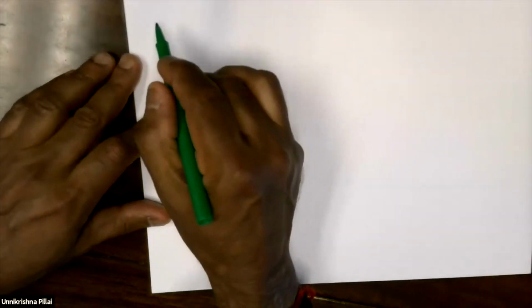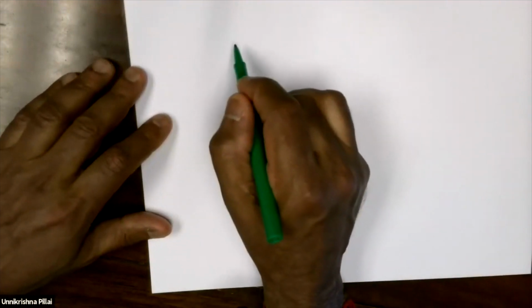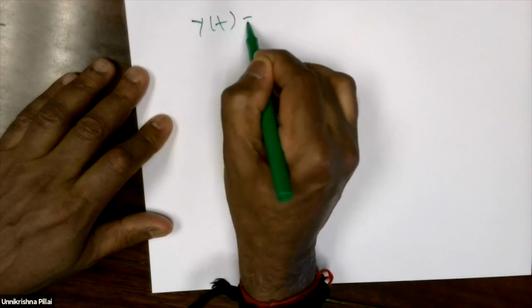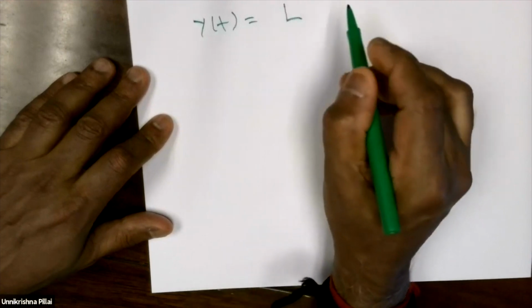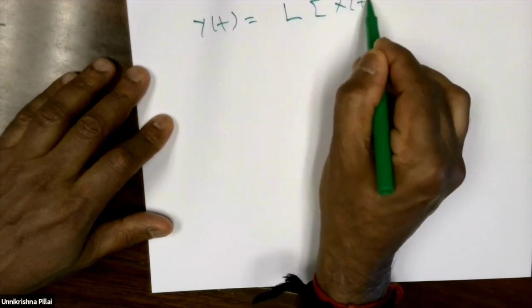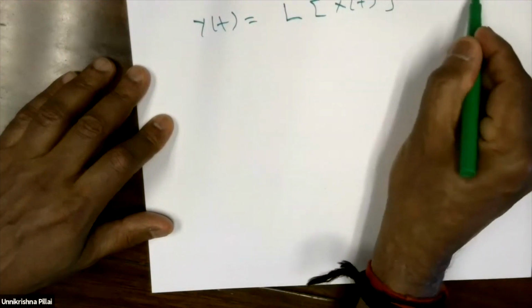And that's what we are going to study. So the question is, remember, y of t, which is L of x of t, how can we write this up?